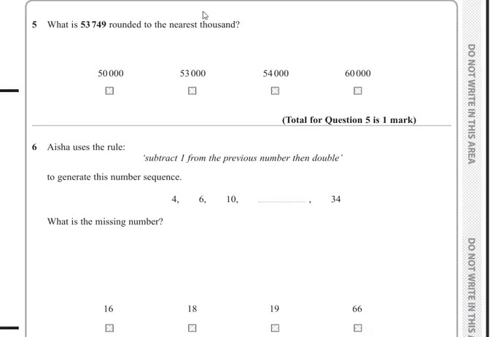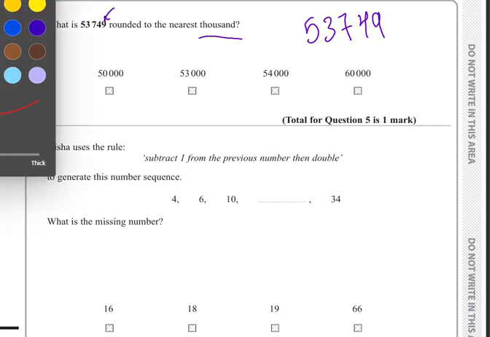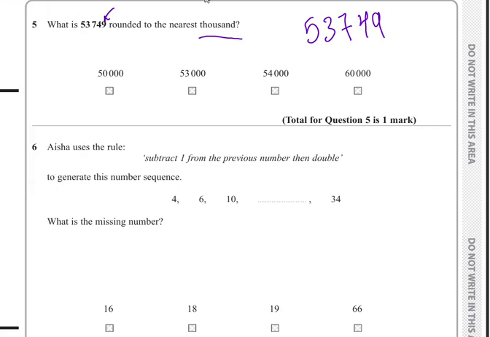All right, here, what's the nearest thousand? We have here ones, tens. Let me write the number clear and bigger right here: 53,749. When I say nearest thousand, it means I'm looking at the thousand right here, and I take a look at the number right after it.